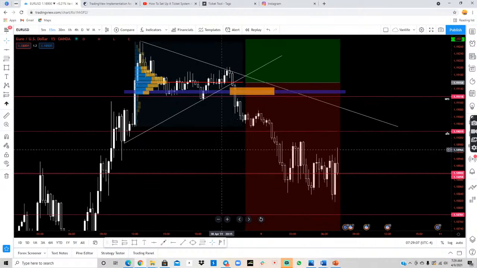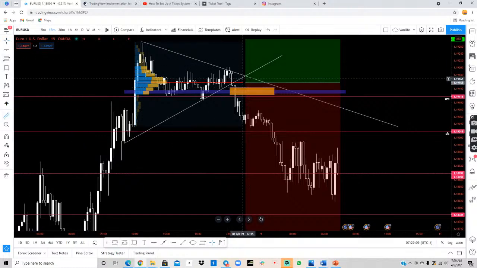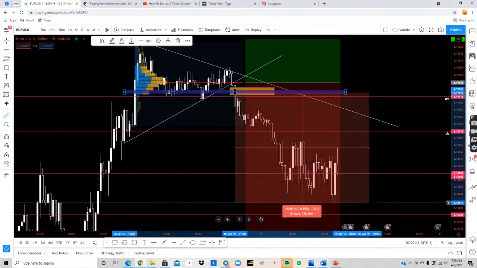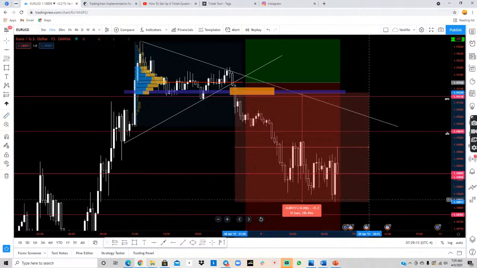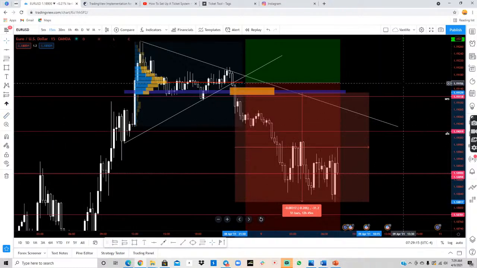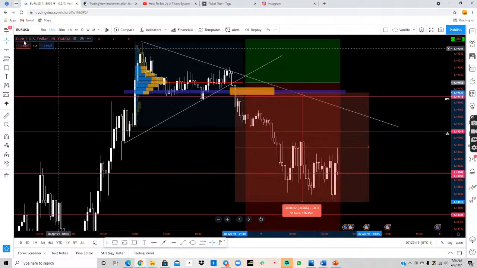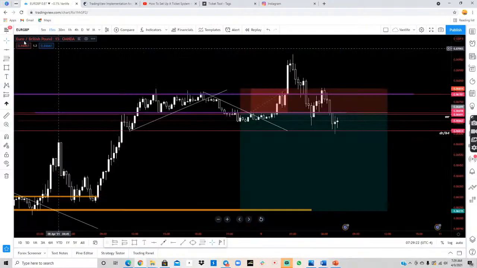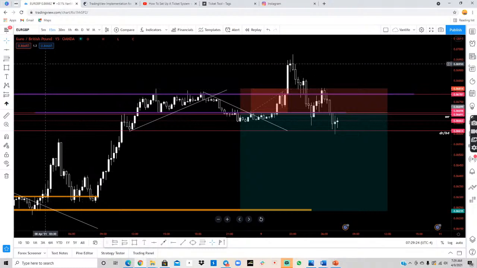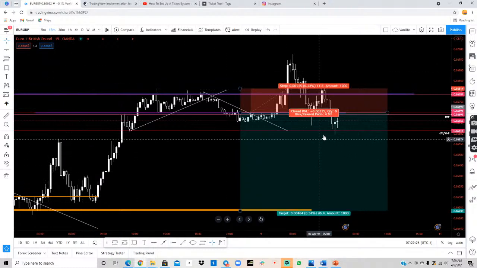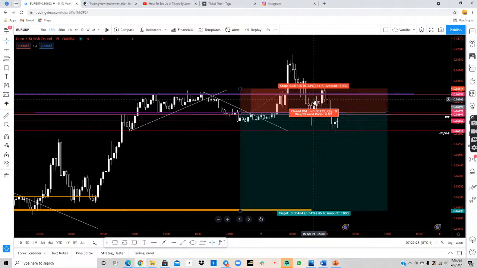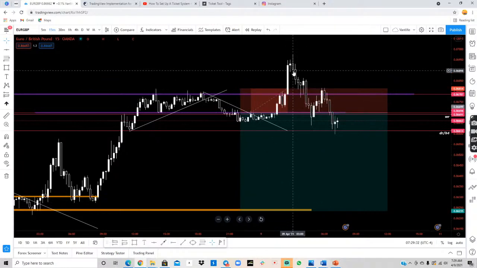Euro USD. I was looking at this for it to push down, but the thing is, the euro was actually weak. The euro was weak, and if we look at Euro GBP, you can see that we actually push up and start to pull back down.